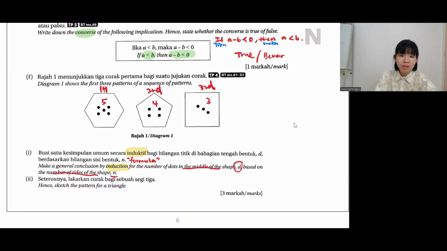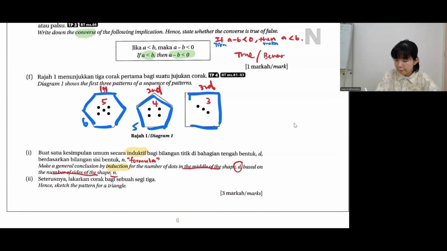Then based on the number of sides N: the first one is 1, 2, 3, 4, 5, 6. 6. Then 1, 2, 3, 4, 5. 5. Then 1, 2, 3, 4. 4. Now they want us to form a formula, but very specifically they want D based on N. D is the number of dots.